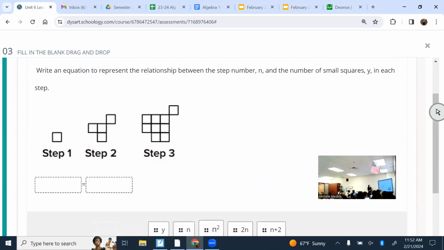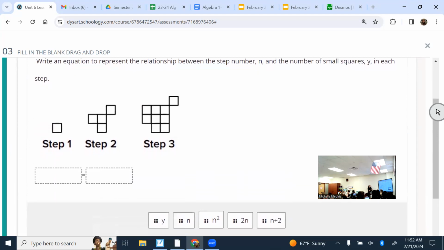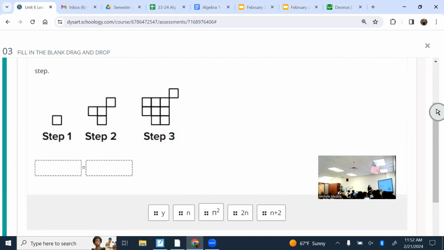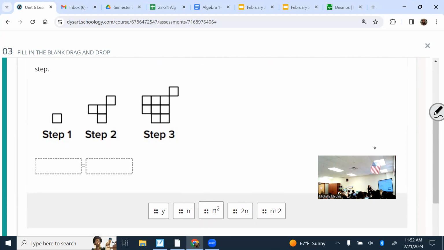So we're writing an equation to represent the relationship between the step number N, and the number of squares Y in each step. So this is the one where we figured out the pattern was doing what each time? It was squaring the step number.